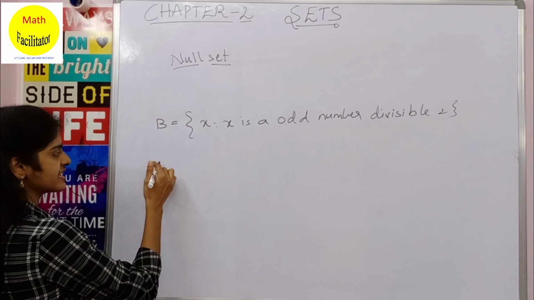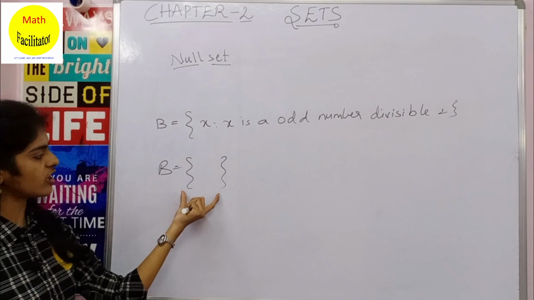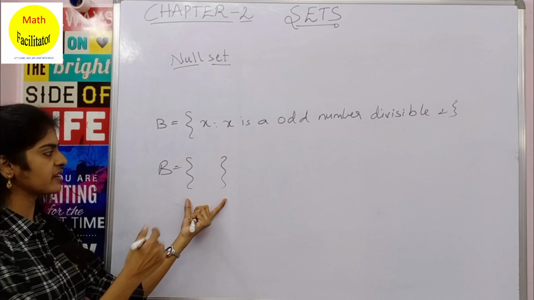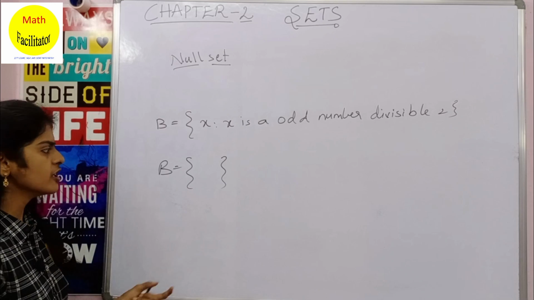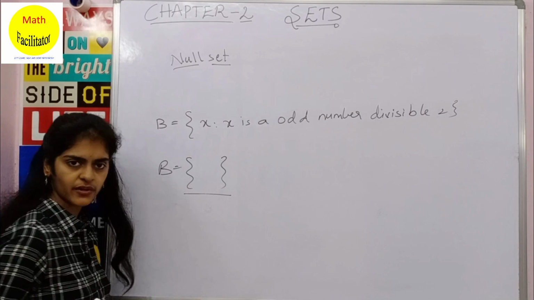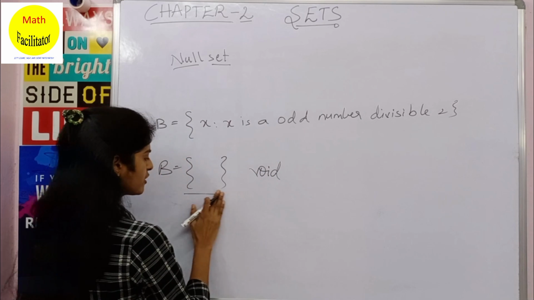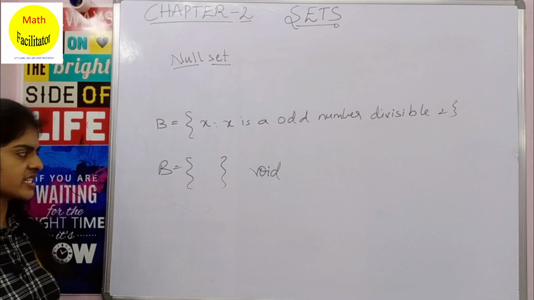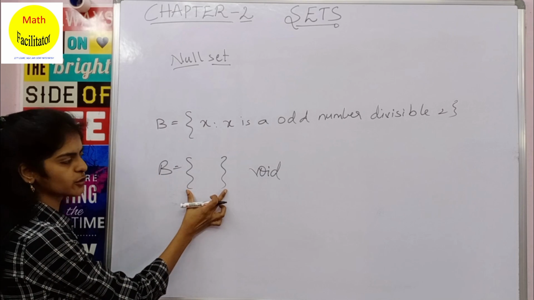So we represent B as the null set. Null set is where you don't find any elements in the set. Clear? You represent this null set in this way, and it is also called the void set. You represent it with two braces.